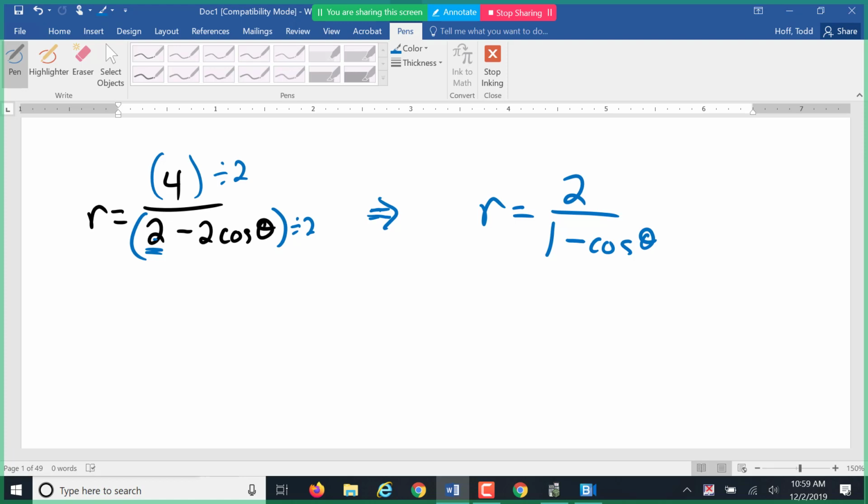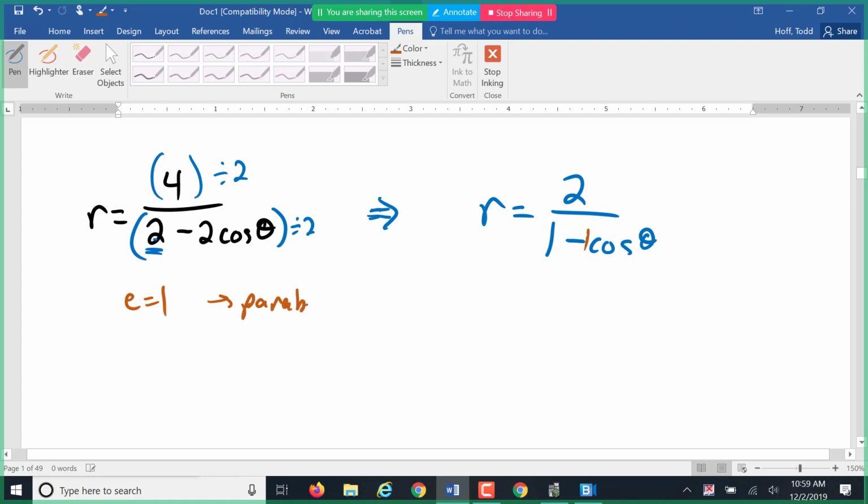Now again, we make sure we know what this equation is going to look like as a graph. First of all, our eccentricity, e equals 1, tells us this is a parabola. Cosine tells us that this is horizontal, and that this is a minus tells us that the directrix is to the left of the focus.